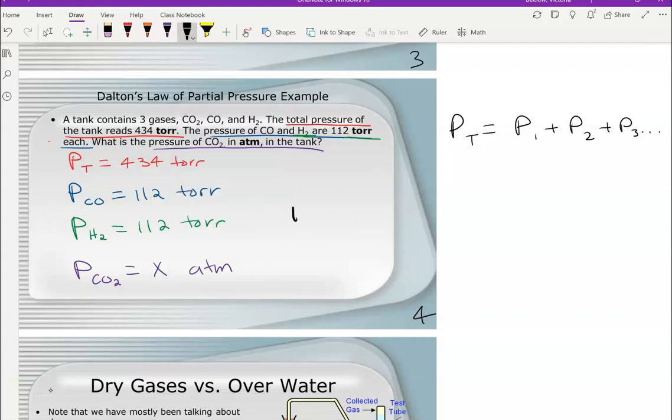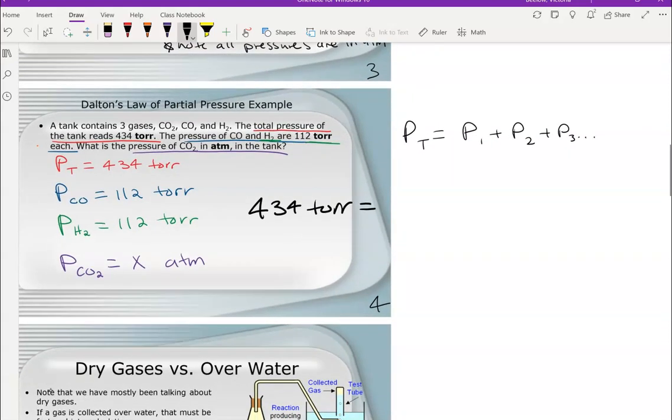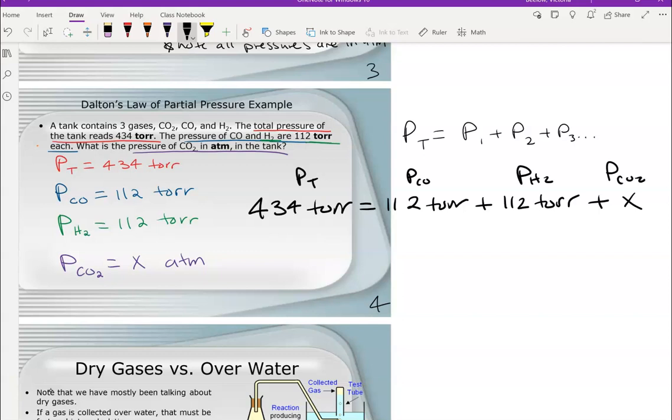So I have my total pressure, 434 torr, equals the pressure of each individual gas added together. So we had 112 torr for CO, the carbon monoxide, plus 112 torr for the pressure of the H2, plus X, the pressure of the CO2, which is what we're trying to solve for.